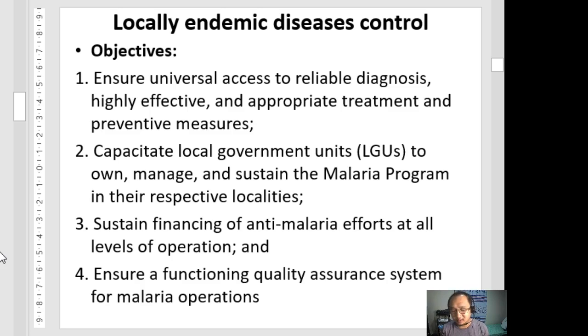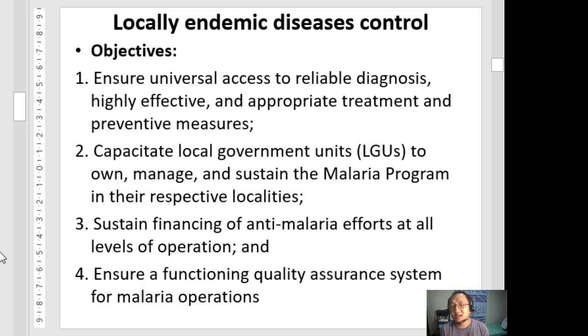So this one gives the people assurance, especially if you're in an endemic place, of a system that would tackle problems on malaria, of quality.